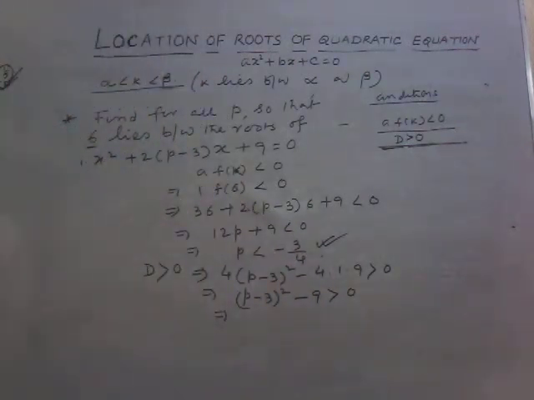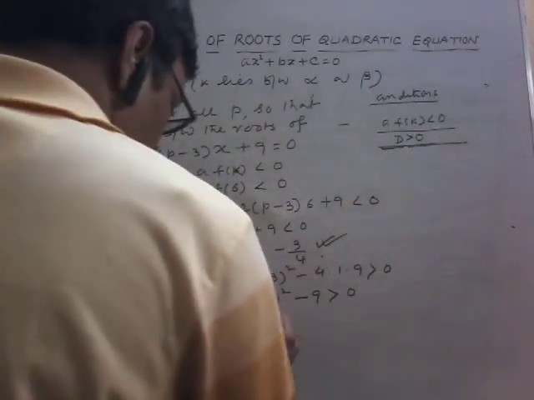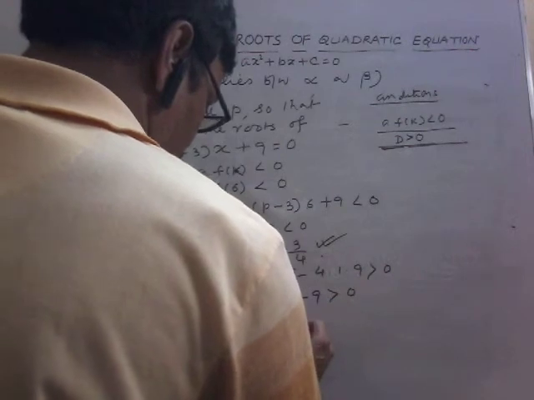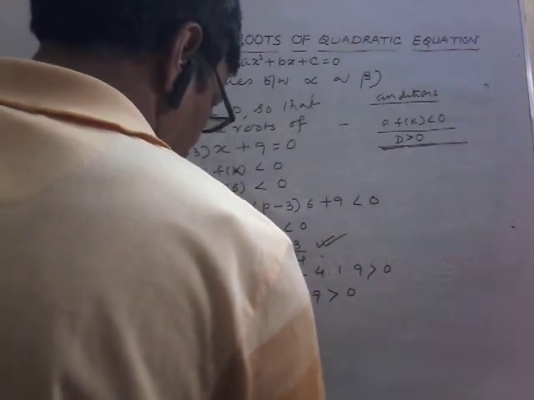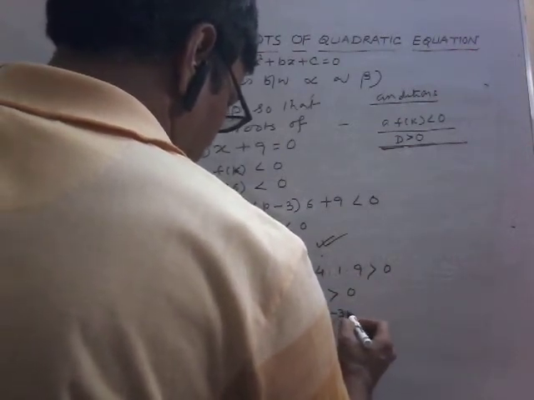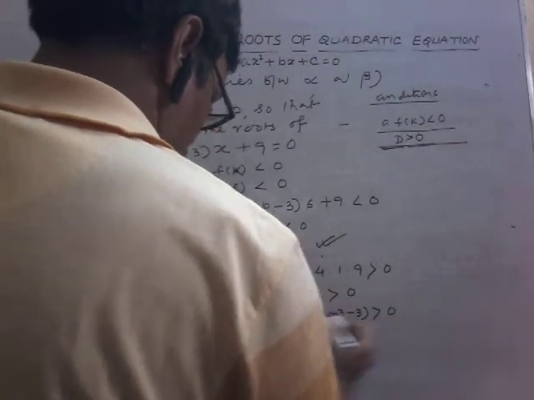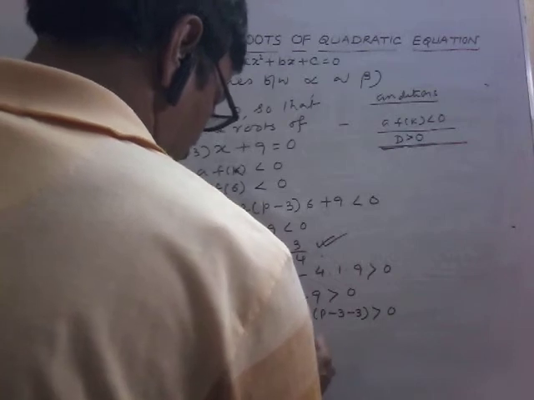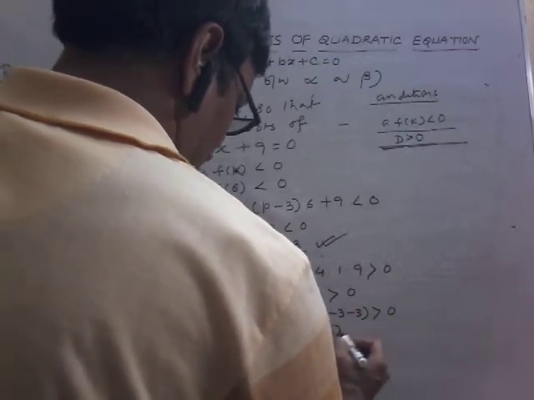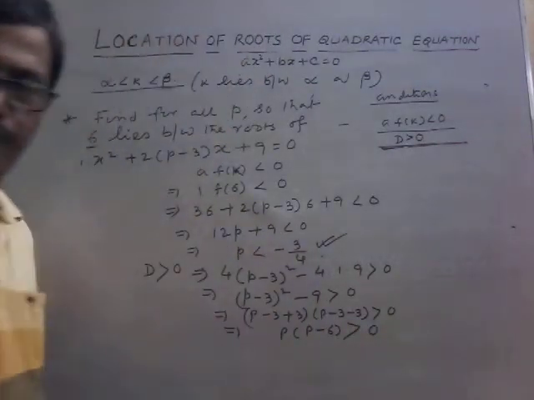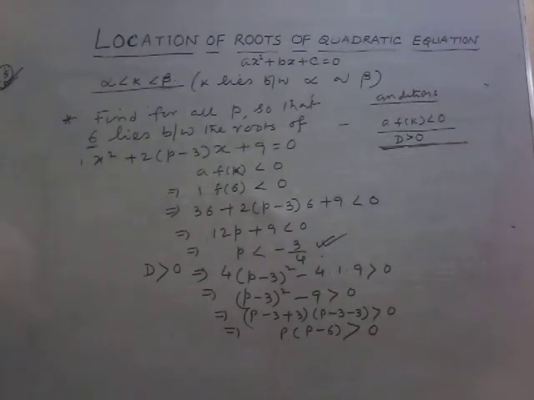So simplify. P minus 3 plus 3, p minus 3 minus 3 greater than 0. So p into p minus 6 greater than 0.